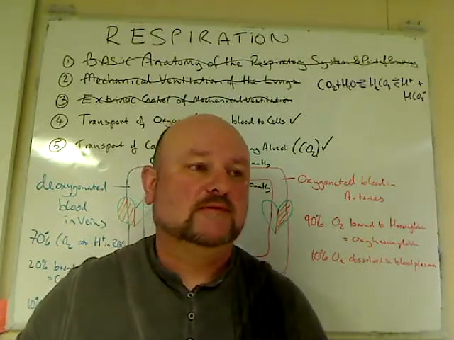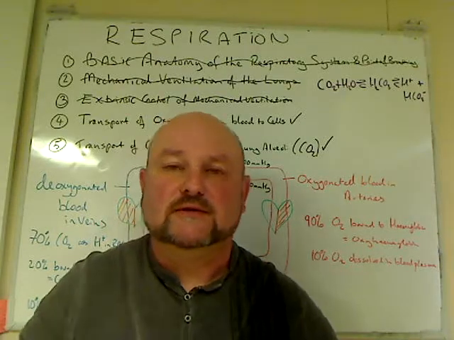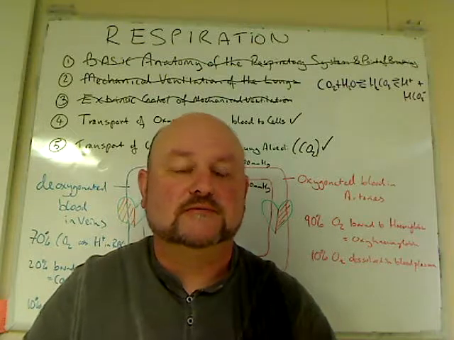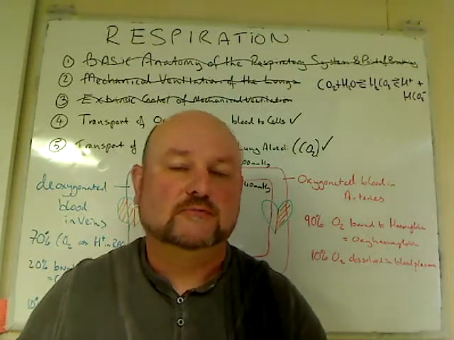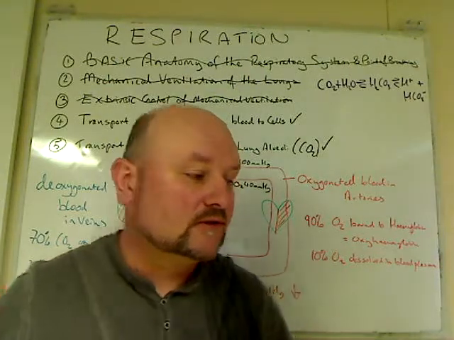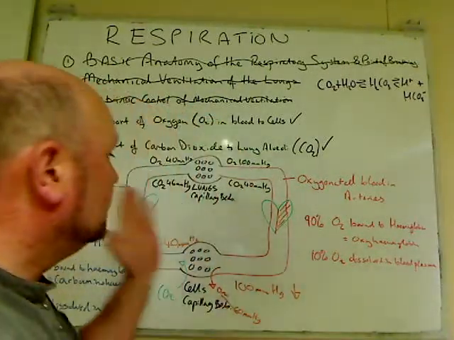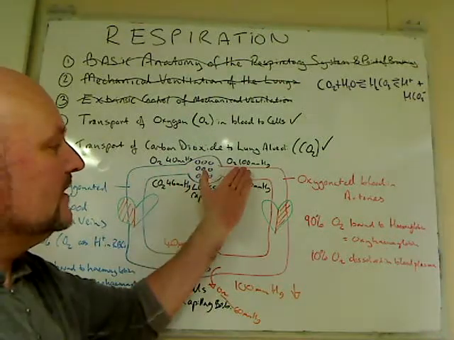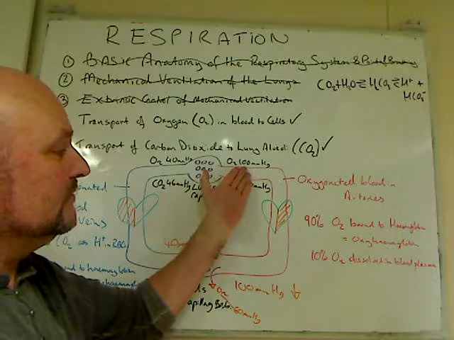Or if you happen to be a fan of the Divergent films, where the one group, the active group, has to get onto the train while it's still moving. Train slows down, sure enough, but at the same time, it's certainly more challenging to do so. So our oxygen comes in as the blood passes through and gets up to 100 millimeters of mercury pressure.